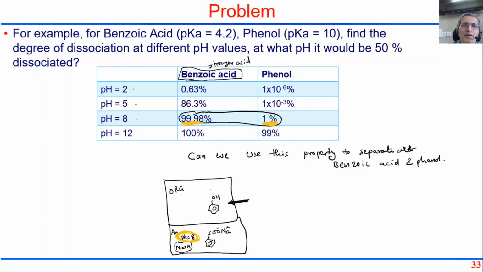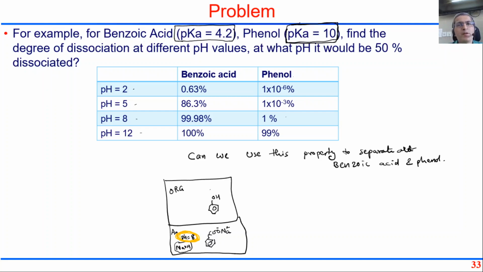So I can maintain a certain pH to make one of the components react and come into the aqueous phase, taking advantage of the dissociation of the weak acids, the difference in the degree of dissociation, in a sense the acidity of phenol with respect to the acidity of benzoic acid.